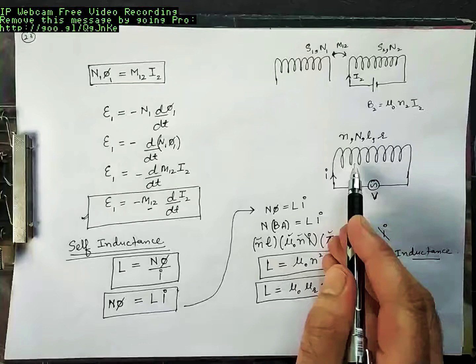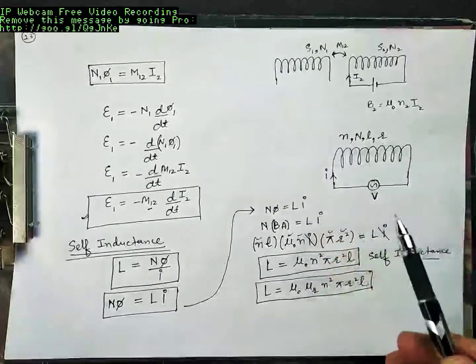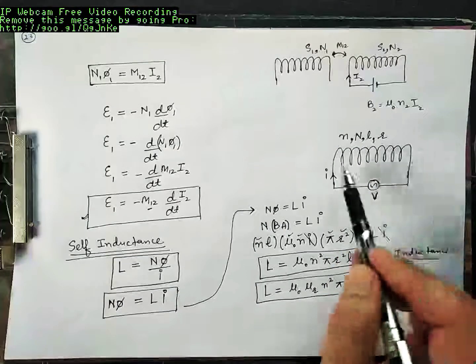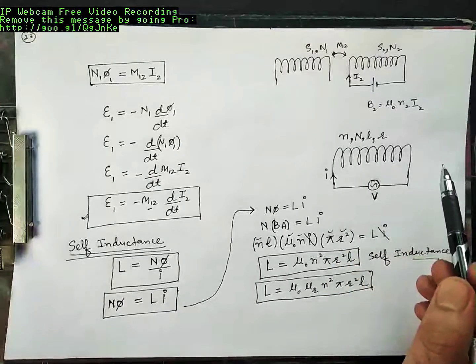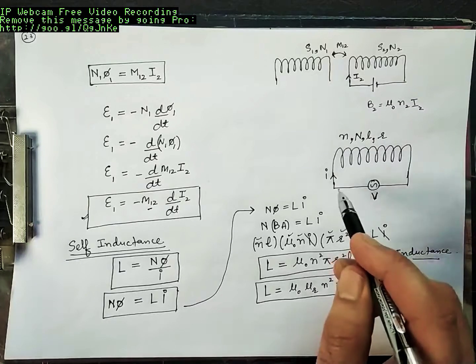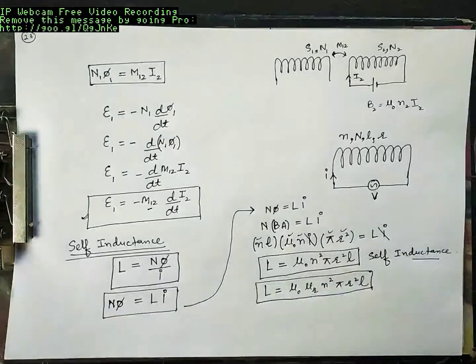Because of that magnetic field, it produces a flux, and that flux is linking the same coil. And how much flux will pass through this coil? Per unit of current flowing, total flux, you call that as self-inductance L.